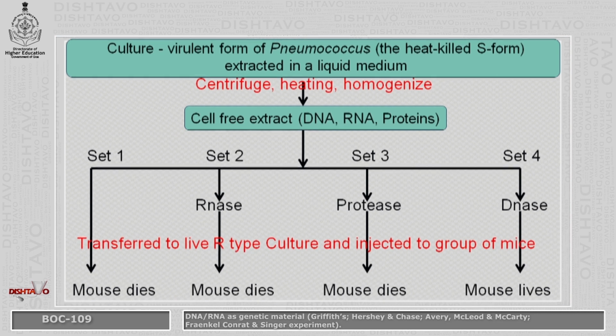The mice died. In set 3, they treated it with protease to remove the proteins, transferred it to R-type culture, and injected it into a group of mice. The mice died. In the last set, they treated it with DNase to remove the DNA, then transferred it into R-type culture and injected it into a group of mice, and the mice lived.